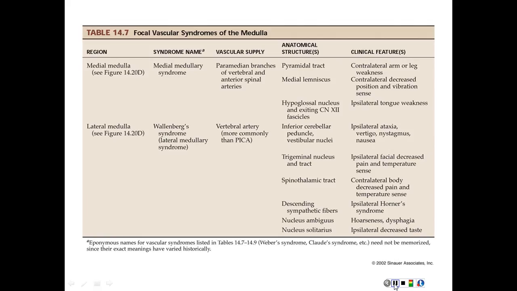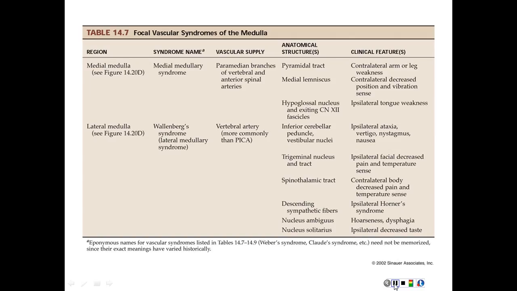The lateral medullary syndrome or Wallenberg syndrome, wow, this person is clearly not well. Because we have so many things now that are affected. What are affected? Well, why don't we do it the opposite way now?